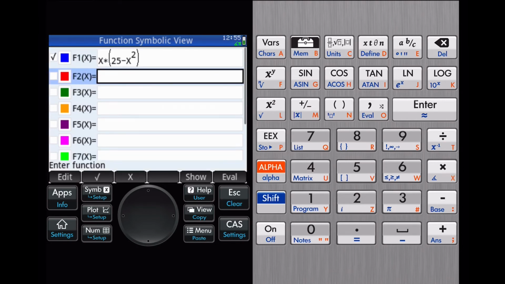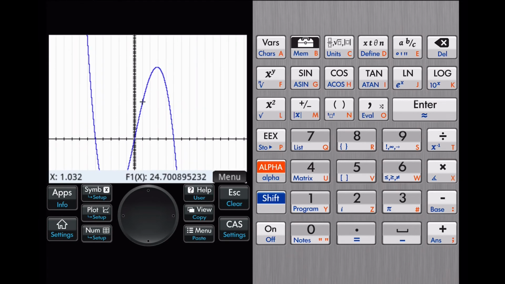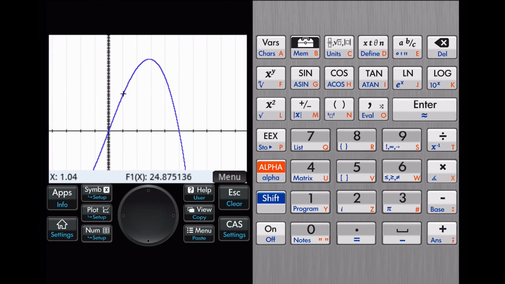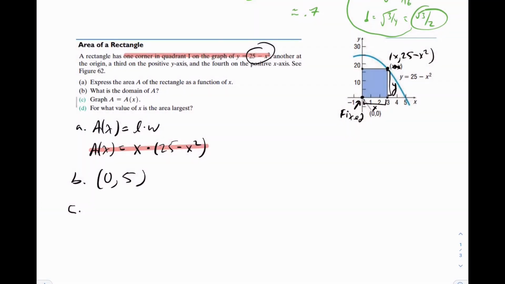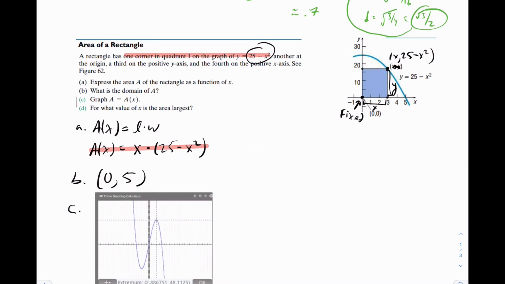Now it should take it. Now we graph it. Try to make your window so we can see quadrant 1, because that's what we care about. Take a screenshot of this, and we're going to drop it into our paper here. Right here. Okay, so I dropped it in. That's what I'm looking at.